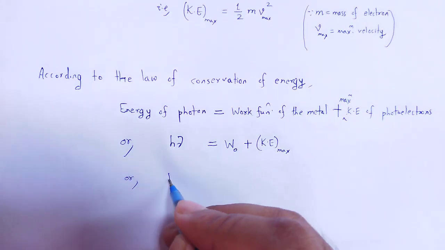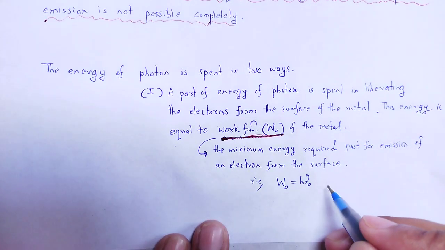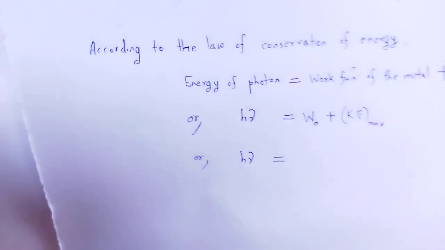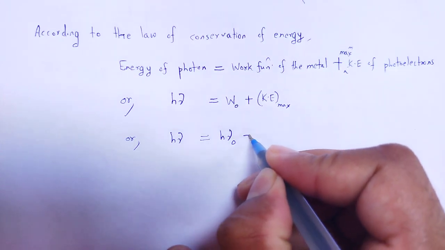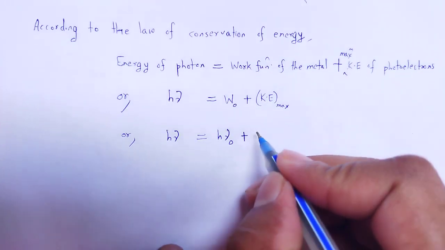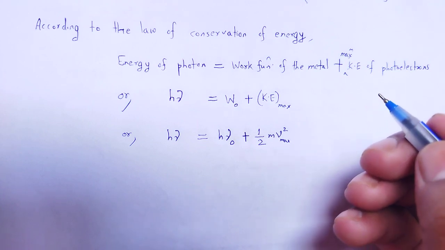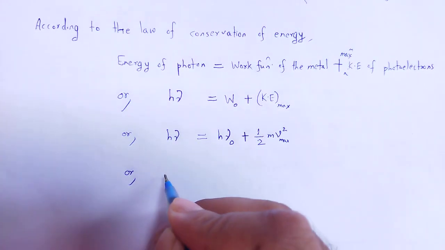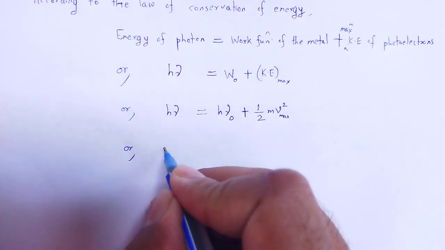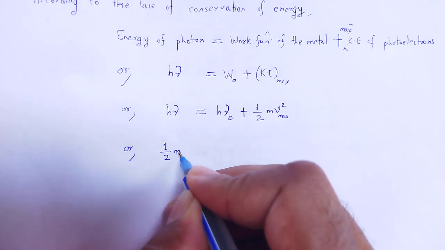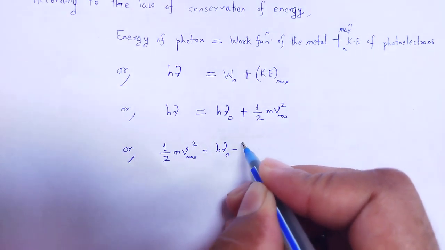So putting in the values, h nu is equal to the work function h nu naught plus the maximum kinetic energy half m v max square. Or half m v max square is equal to h nu minus h nu naught.